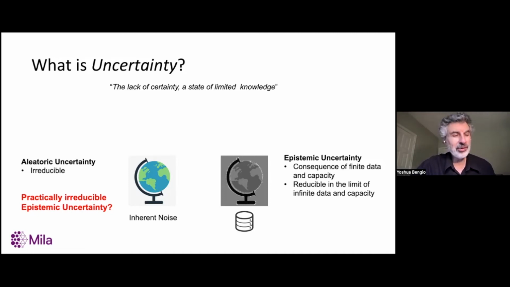But then there is also this interesting category, which is kind of both. So think about something where there's no noise, it's deterministic, but it's so complicated that there is no way a machine learning system will ever, or in a reasonable lifetime, be able to figure it out. So think about making long-term predictions in a chaotic system.